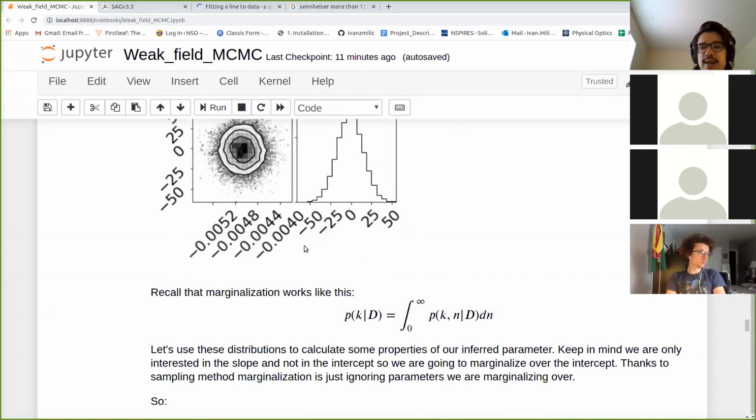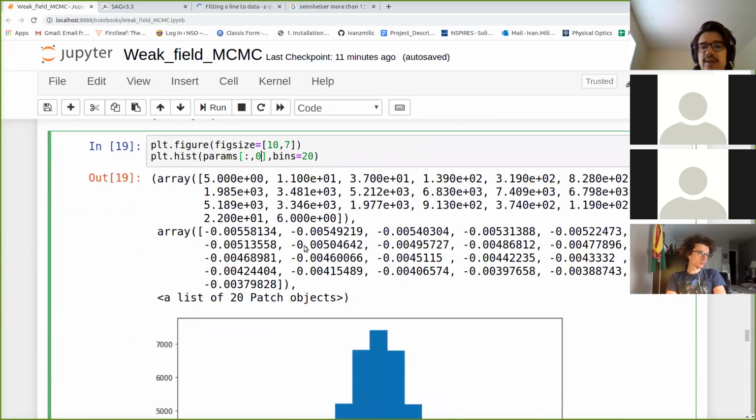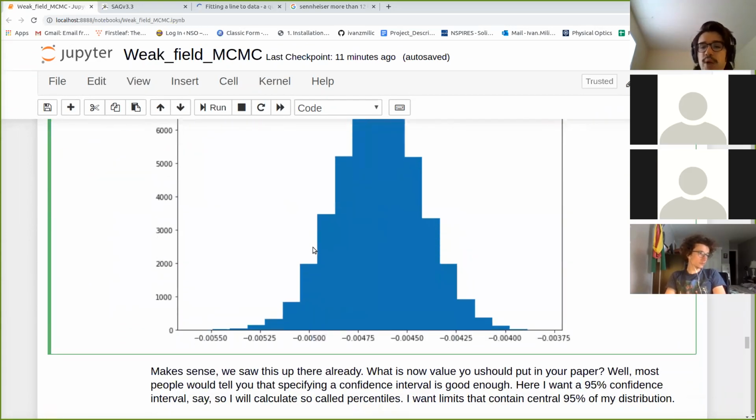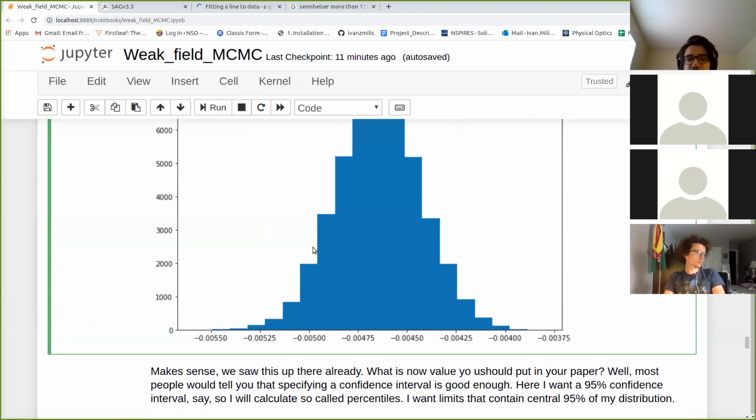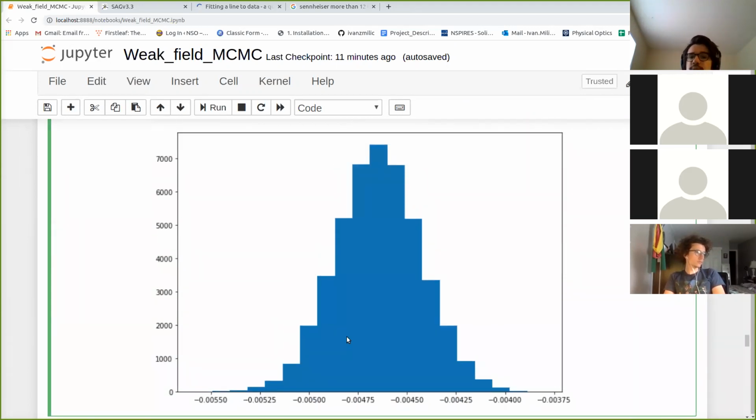But now comes the real advantage: we can estimate errors, uncertainties, or confidence intervals for the quantity we were measuring. Keep in mind that this histogram is your a posteriori probability density distribution for your parameter.